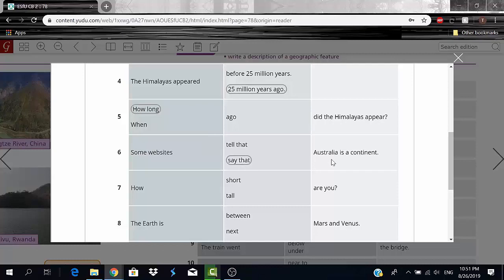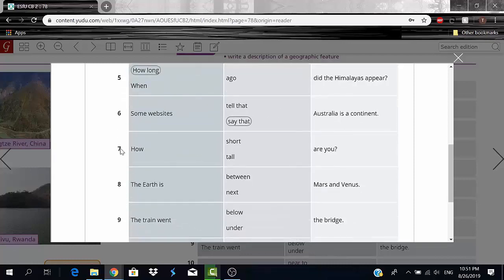So not tell that. I can't say some websites tell that Australia is a continent. It's say that. Okay? We have number 7. How tall are you? Okay? How tall are you?